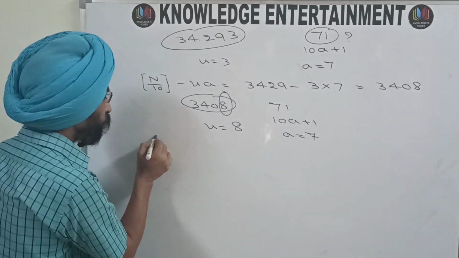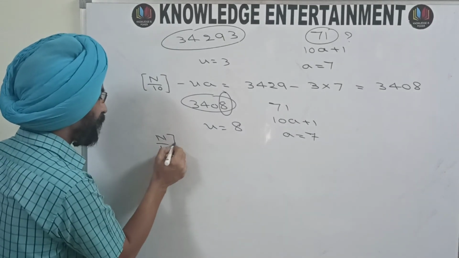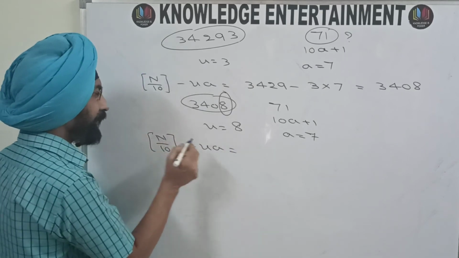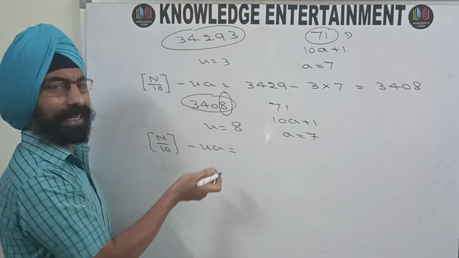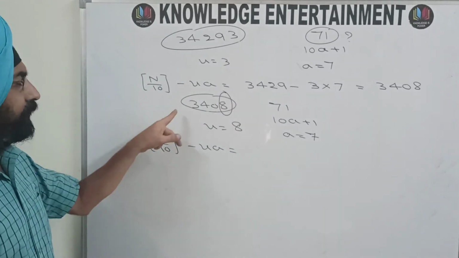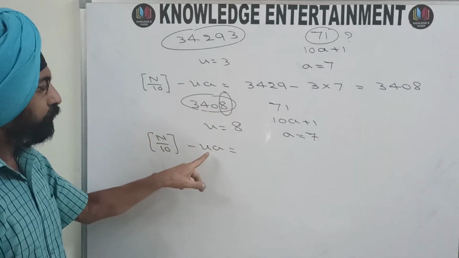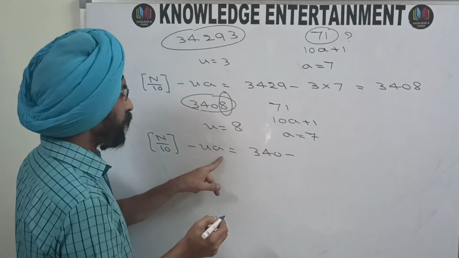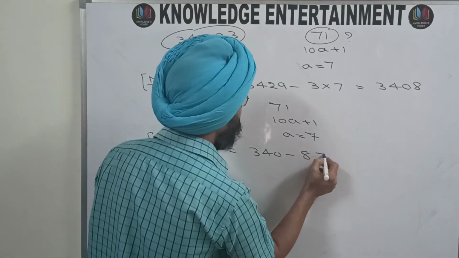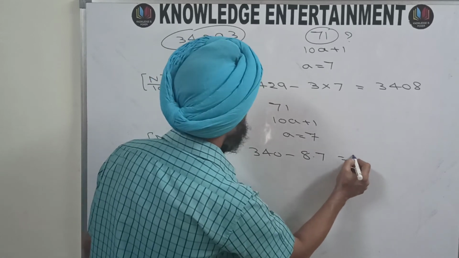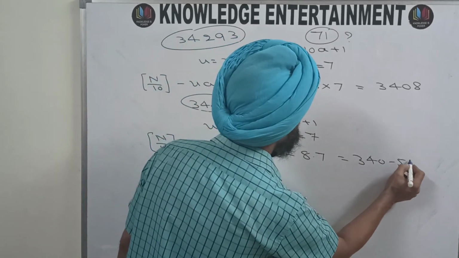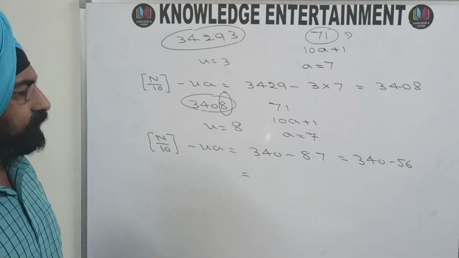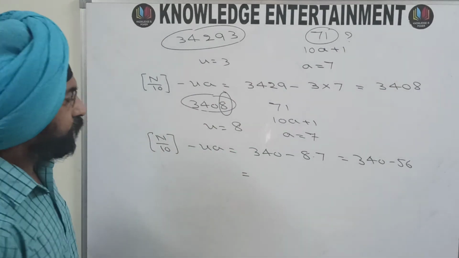And your new floor of n by 10 minus ua: n by 10 is now 340.8, so the floor is 340 minus u into a. U is 8 into a is 7, so it is 340 minus 56. And 340 minus 56 is 284, I think so.